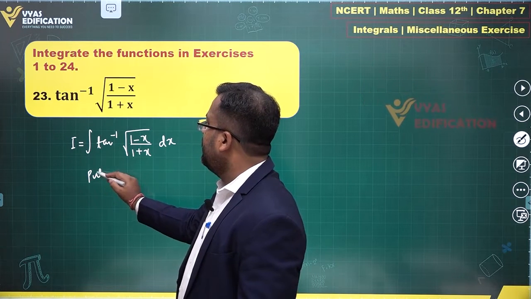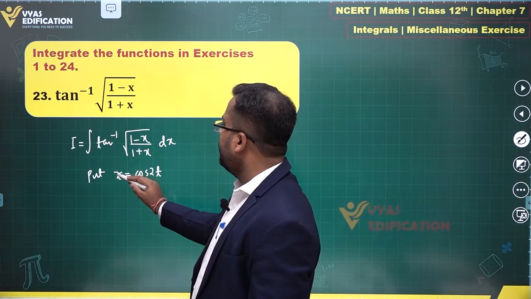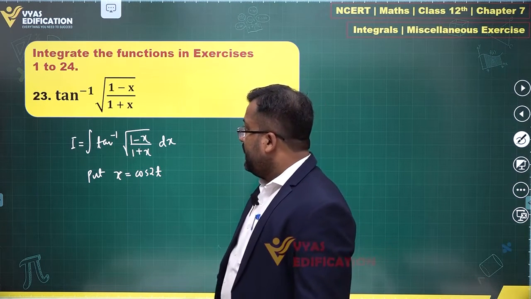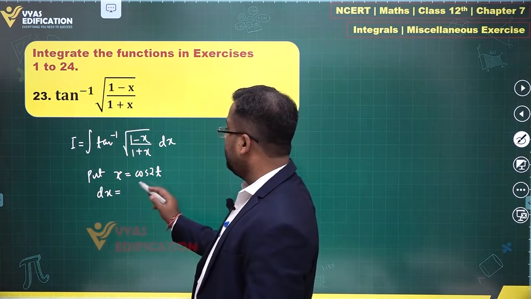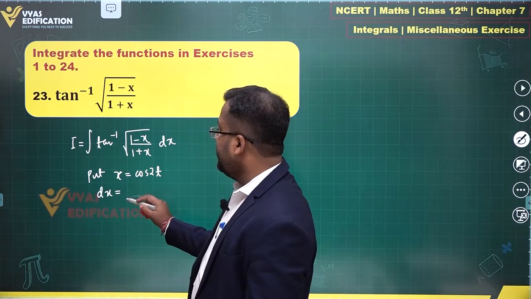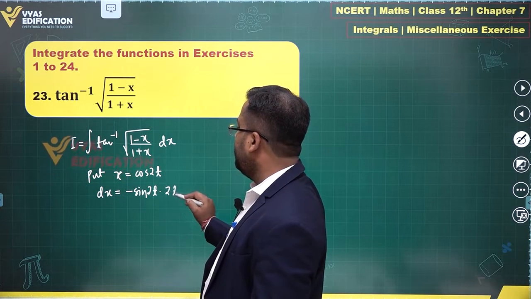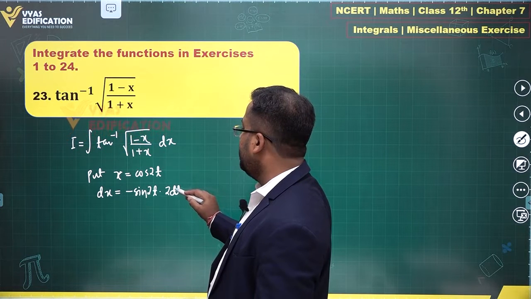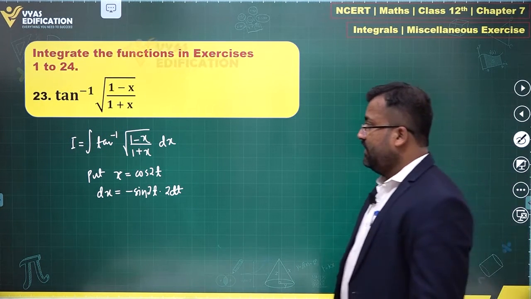Put x equals cos 2t, whatever, doesn't make a difference. Take care of that derivative, don't make a mistake over there. The derivative of cos 2t will be minus sine 2t times again 2 dt. This is what you will get, right? Take care of that.